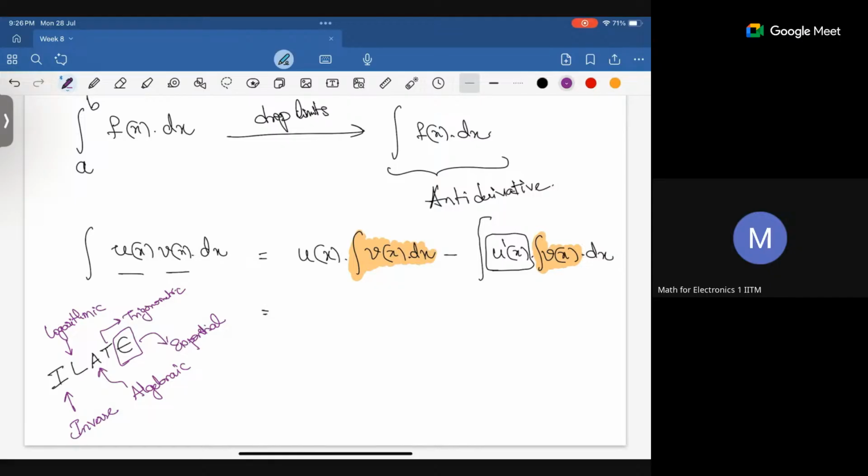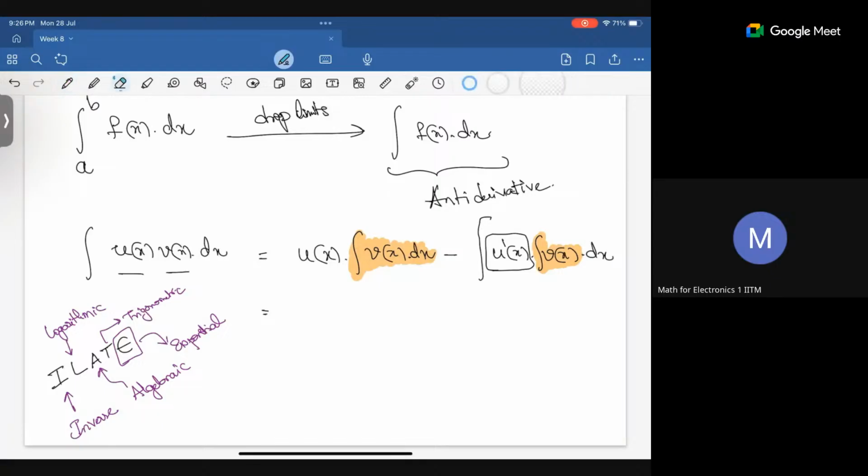So it will not go away, right? So this is used to decide which one is u of x. Whichever comes first will be u of x, and the later one will be v of x. Okay. So this is a nice way to remember integration by parts.